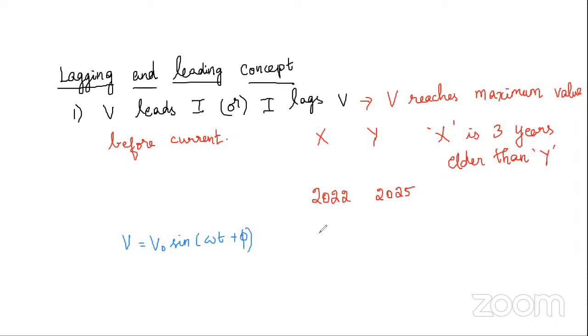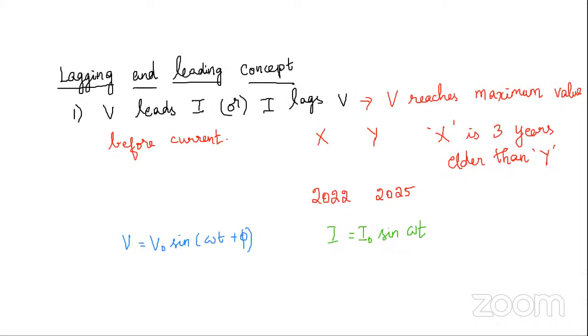In that case, I is equal to I naught sine omega t. So if V equals V naught sine omega t plus phi, then I equals I naught sine omega t.